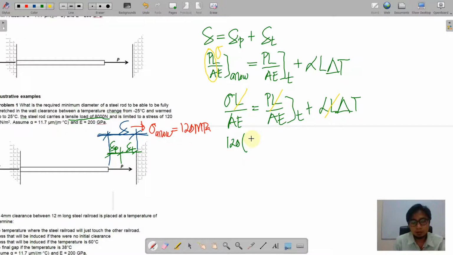What is left is 120 equals the load of 8,000 over the unknown area, over 200,000, plus alpha, which is 11.7 micrometer.